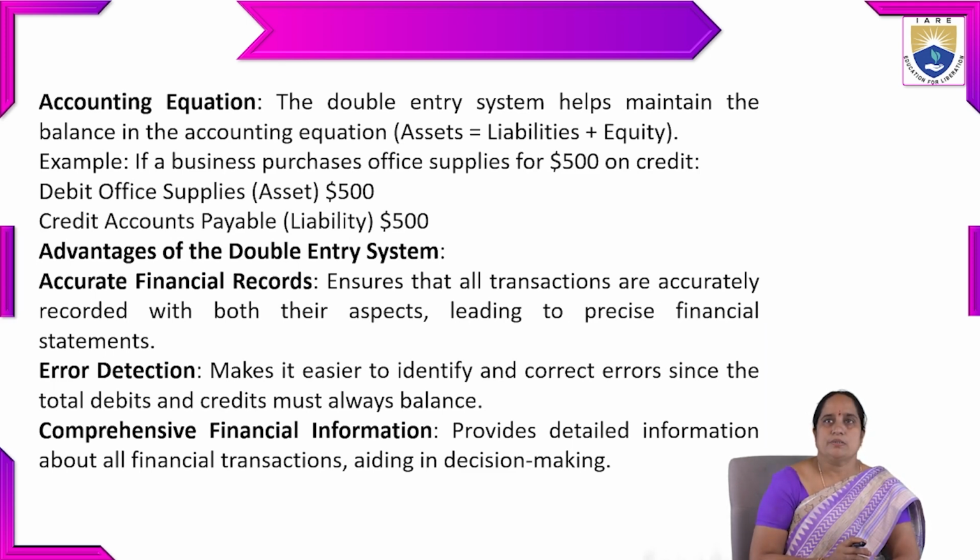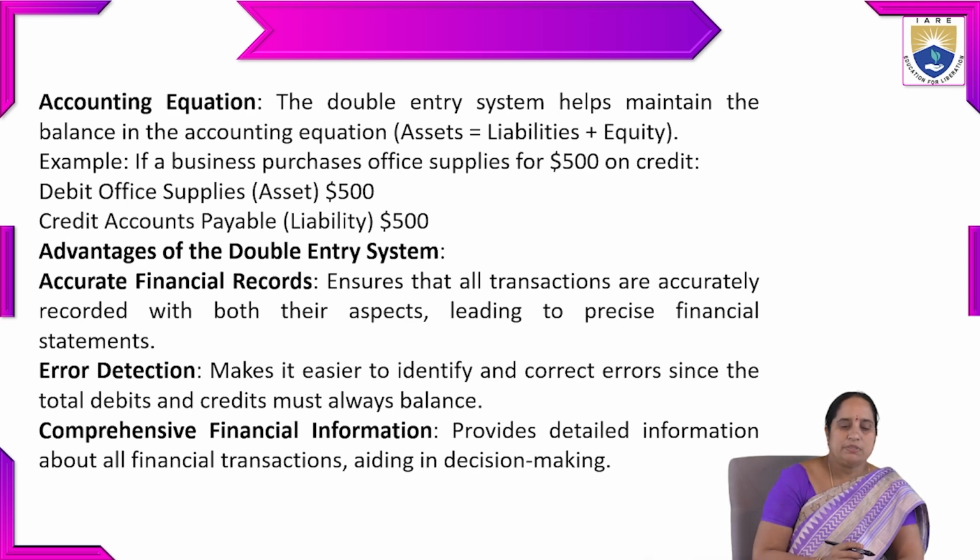The double entry system helps maintain the balance in the accounting equation, assets equal to liabilities plus equity. For example, if a business purchases office supplies for $500 on credit, debit office supplies as it is an asset worth $500 and credit accounts payable, which is a liability, and the same amount should be shown on the credit side.